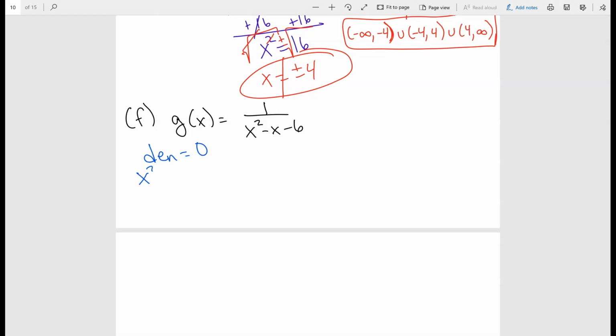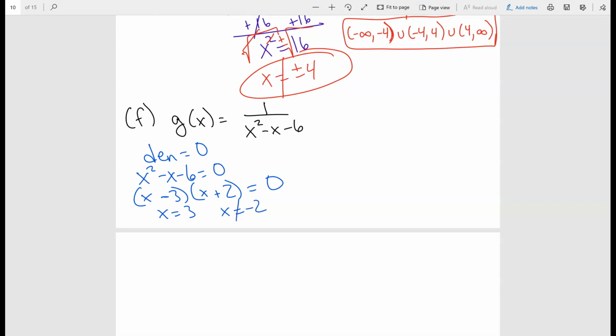So we have x squared minus x minus 6 equal to 0. Let's factor this thing out. So this is going to be, what, 3 and 2. This is going to give me a positive. This is going to give me, no, wait a minute. This should be a negative. And this one should be positive. Okay. So this is going to be x equals 3 and x equals negative 2.